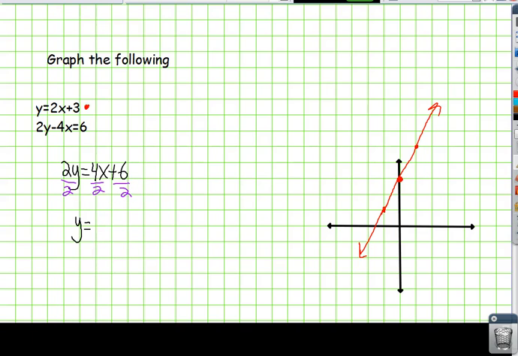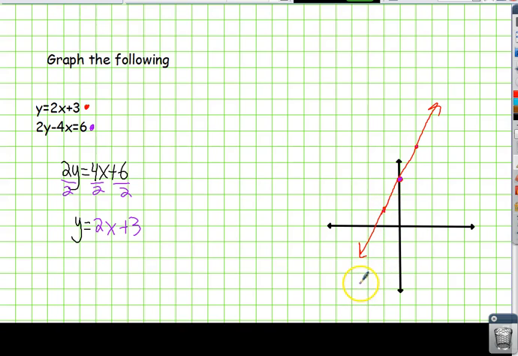So when I do that, and I'll graph this line in purple here, I get 4 divided by 2 is 2. 6 divided by 2 is 3. So I graph my y-intercept of 3, and then I go up 2, over to the right 1, or I go down 2 to the left 1.